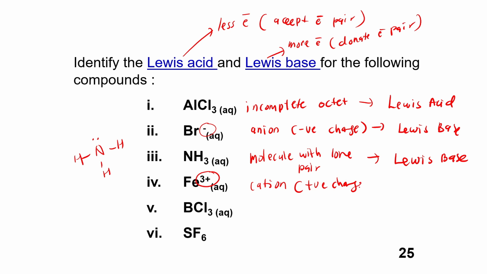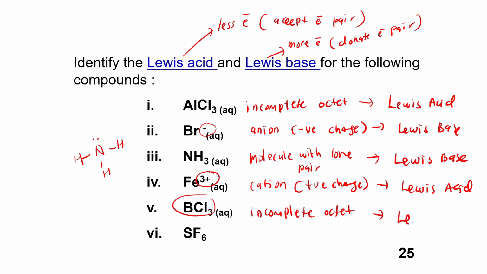Kurang elektron. Jadi, dia tends untuk accept. Jadi, dia ialah Lewis acid. BCl3. So, BCl3 ni sama macam AlCl3, incomplete octet. Kurang elektron, jadi dia tends untuk terima elektron, jadi dia adalah Lewis acid.